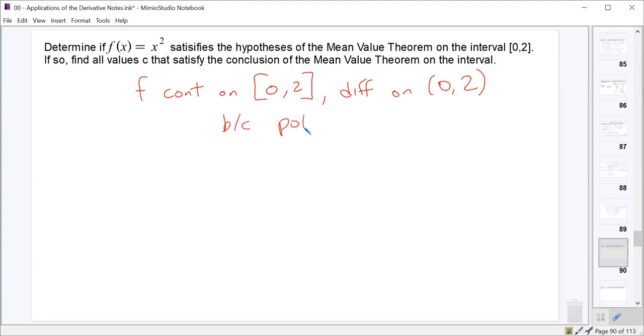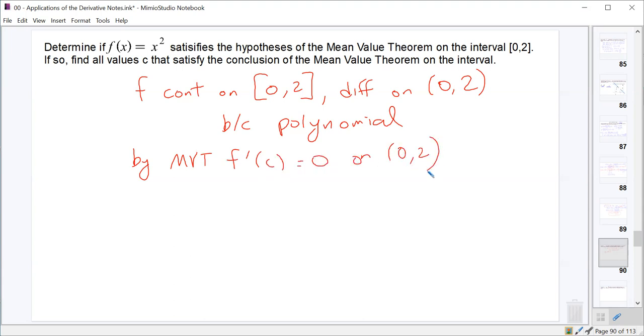And that's going to be good enough for the explanation for this one, right? All polynomials are continuous and differentiable on all intervals. So we are guaranteed by the MVT that f prime of c equals 0 on the open interval 0 to 2, which tells us that, well, we know what f prime of x is. F prime of x equals 2x.